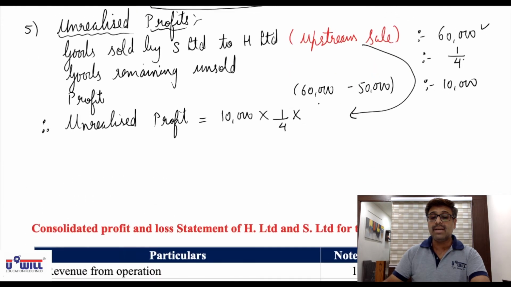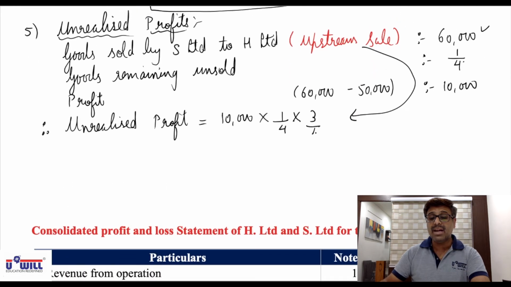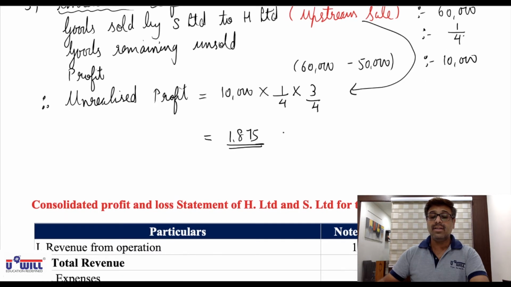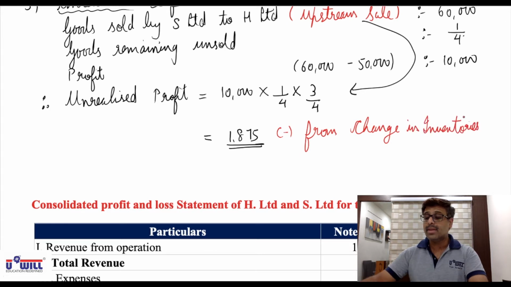So 10,000 into 1/4, that is 2,500 into 3/4, that is 1875 is the amount of unrealized profit, which will have single effect only, minus from change in inventories.